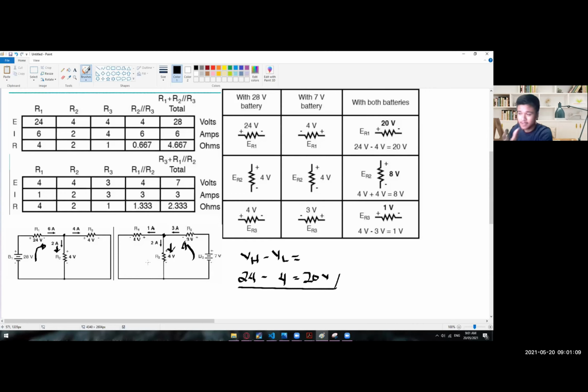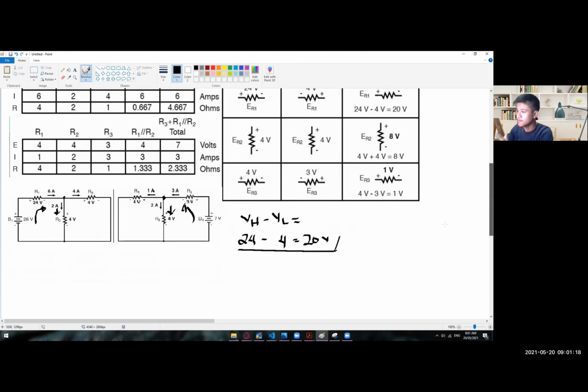They have the same polarity: positive, negative, positive, negative. So you can already see that they will be added with each other, R2 plus R2. You don't need to see the sign, so it's always positive. We have 4 volts plus 4 volts, which is equal to 8 volts.